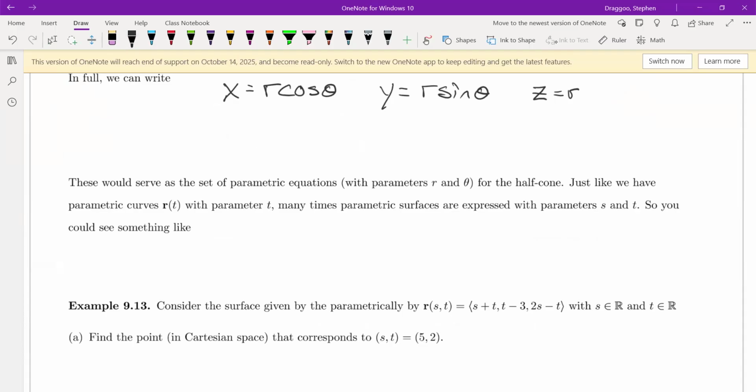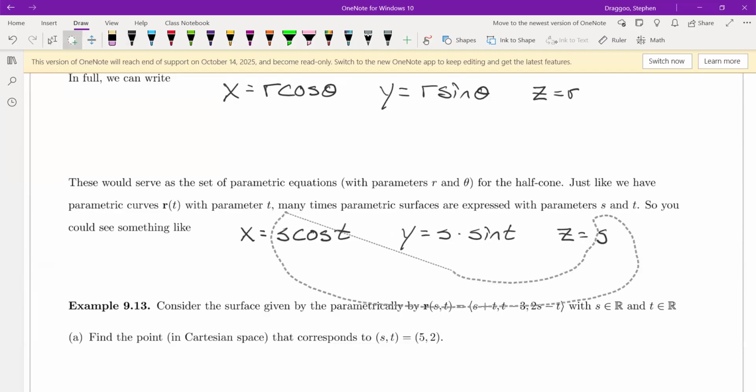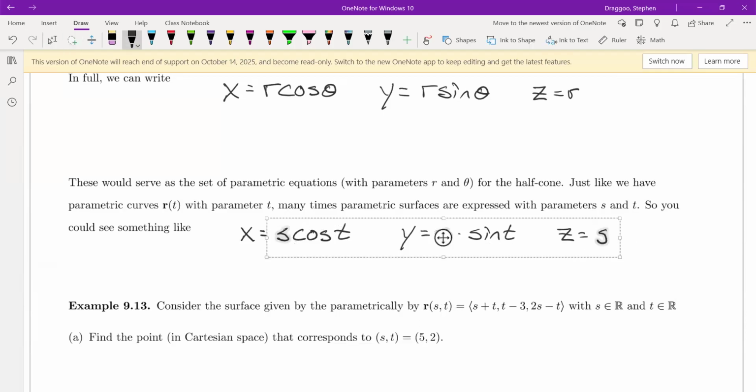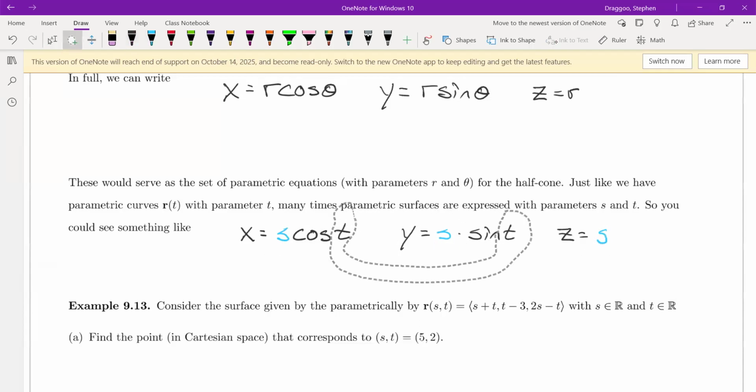So that we have x equals s cosine t. Y equals s times sine of t. And z equals s. Where my 2 parameters are, again, s and t.